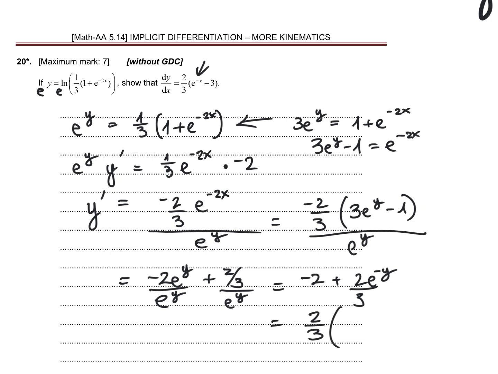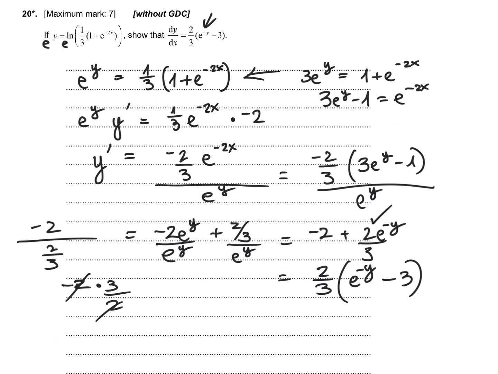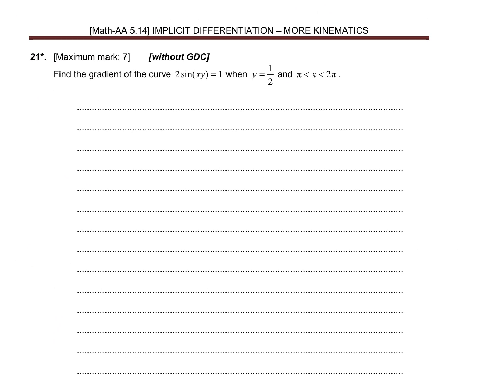So 2/3, this is just going to be e to the negative y. And then negative 2, so this one is e to the negative y. And if we do negative 2 divided by 2/3, that's negative 2 times 3 over 2, which is negative 3. Okay? All right, so 21, find the gradient of the curve of that.